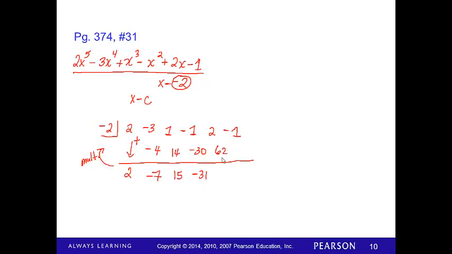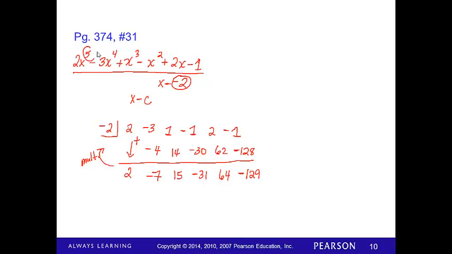Positive 62. 64. Negative 128. Negative 129. It's a repeat. Drop down the first. Multiply. Write the new product here. Add, multiply, new product, add, multiply. And you repeat this. Once you have covered each coefficient, you're going to write your final answer.